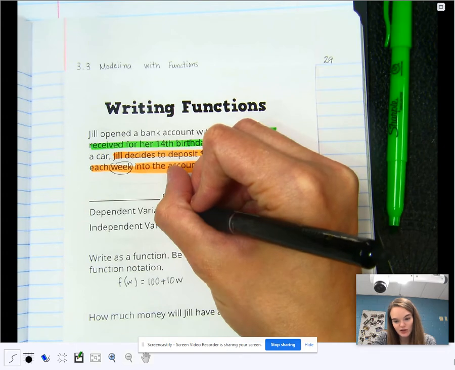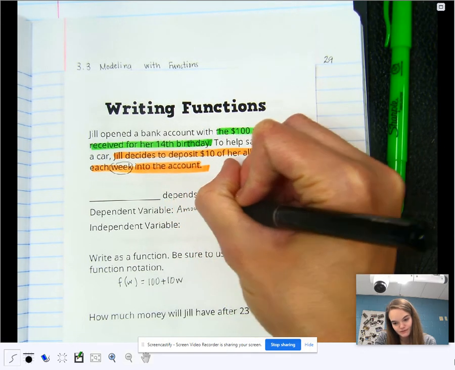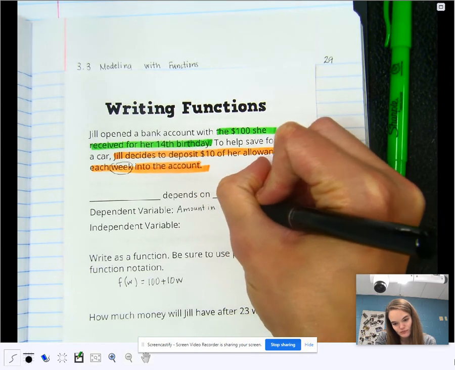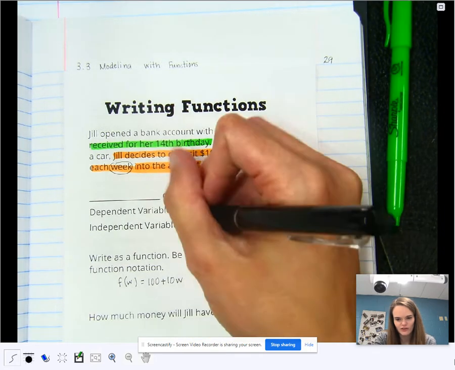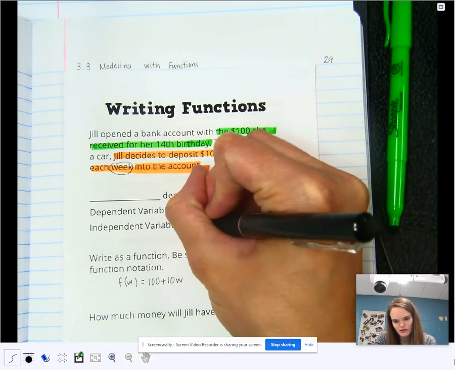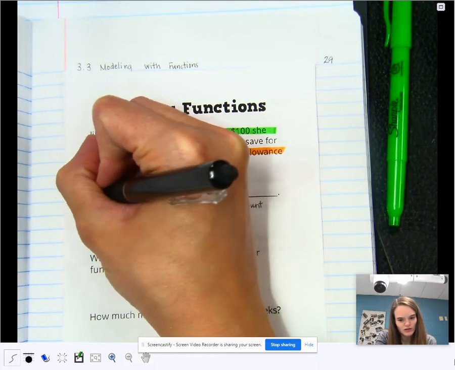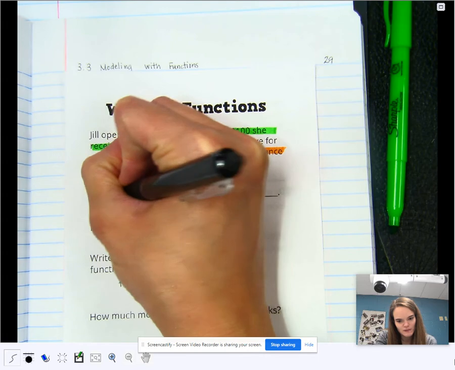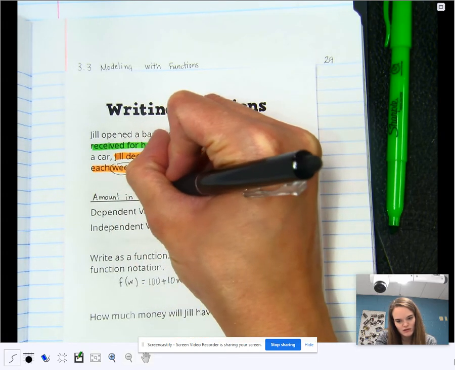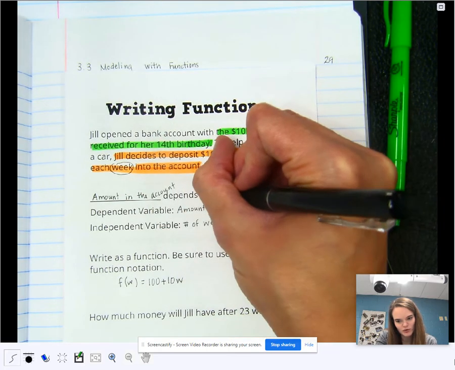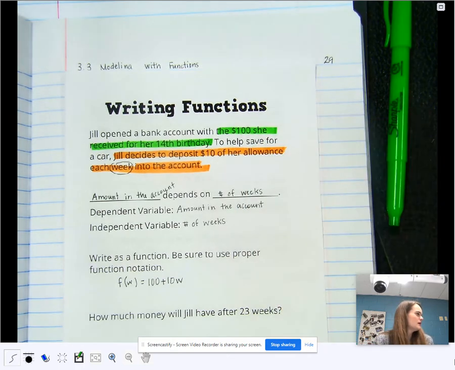So the dependent variable is the amount in the account, which means the independent variable is whatever variable I have here, and that is the number of weeks. So the amount in the account depends on the number of weeks. Okay?